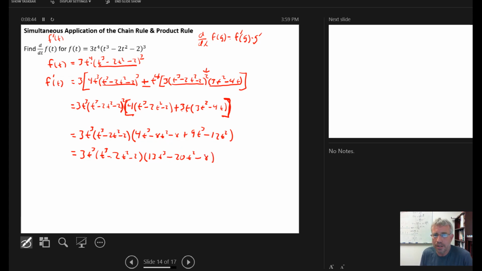And now eyeballing these, I lost something there, didn't I? Right there, there was 2 copies, there's 2 copies, there's 2 copies. I lost the squaring. And then I want to look at this, and it doesn't look like anything is going to factor easily right here, so I'm going to go ahead and leave it. I think at this point, things are about as simplified as we can get them.